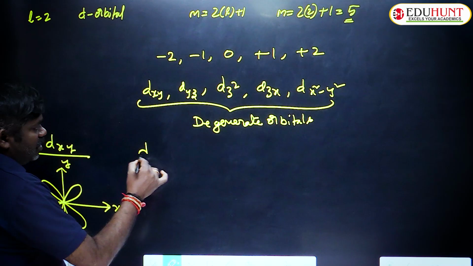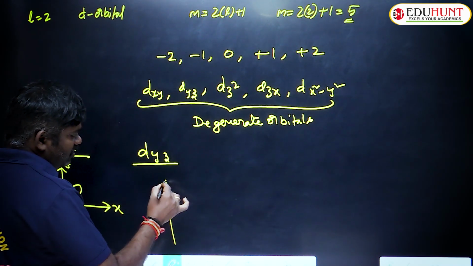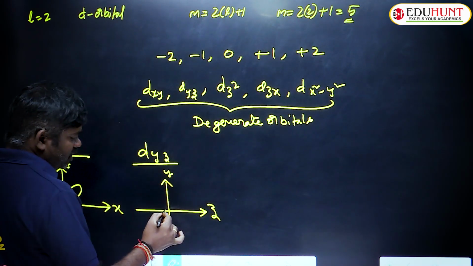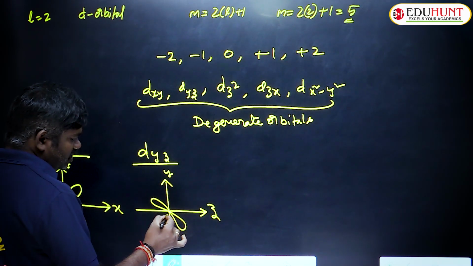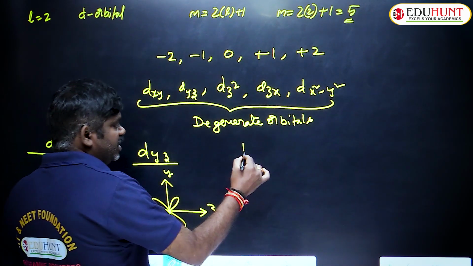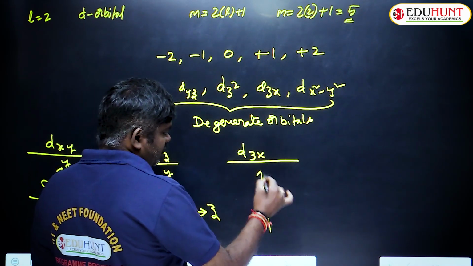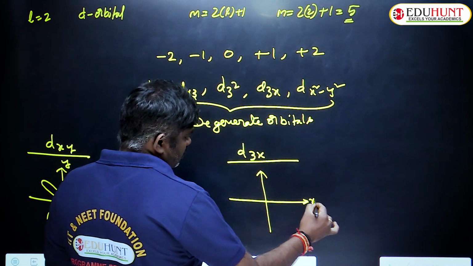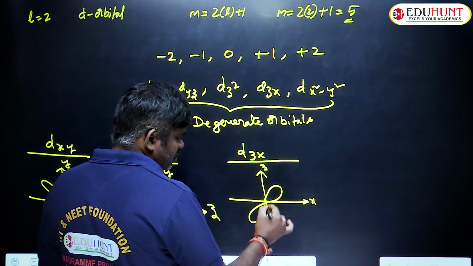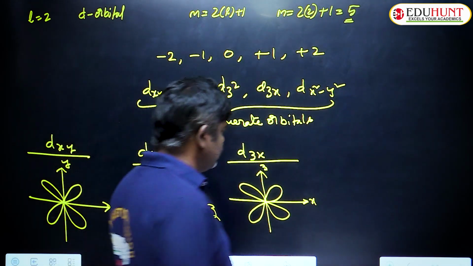And dyz, the orbital is present between the y-axis and z-axis, like this. It is known as dyz. dzx, the orbital is present between the z-axis and x-axis.